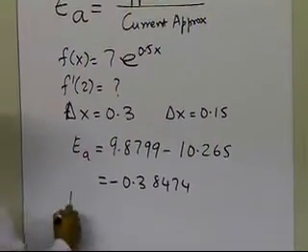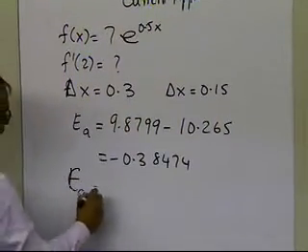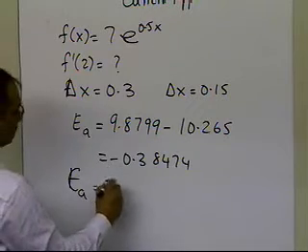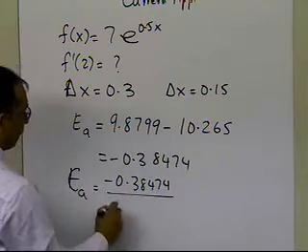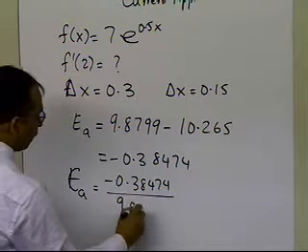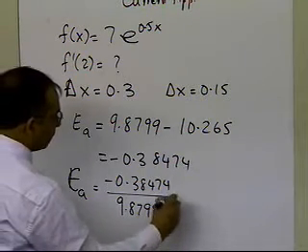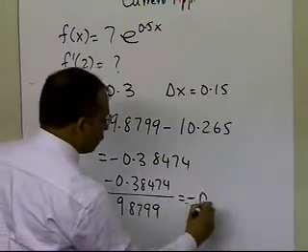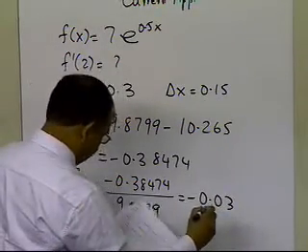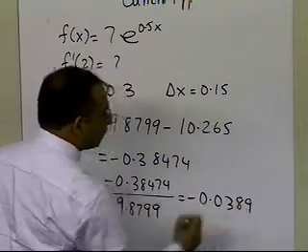So the relative error will be the approximate error, which is 0.38474, divided by the current approximation, which is 9.8799. And this number here for the relative approximate error is turning out to be minus 0.0389.